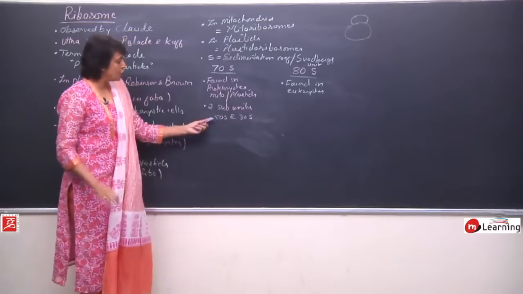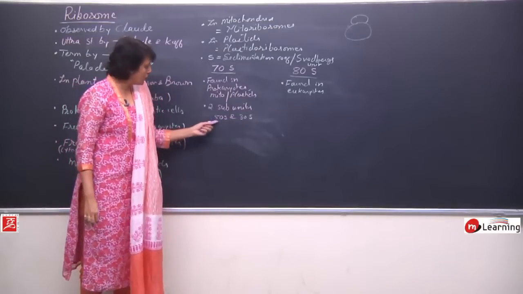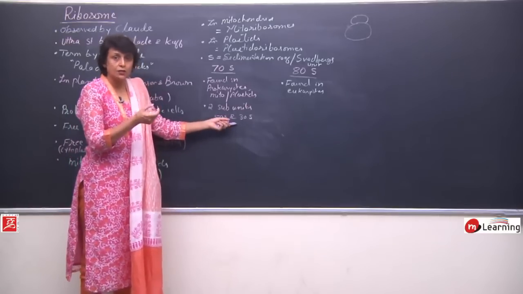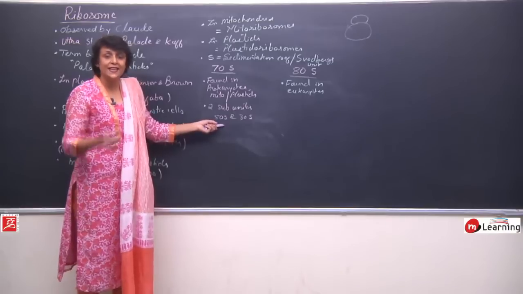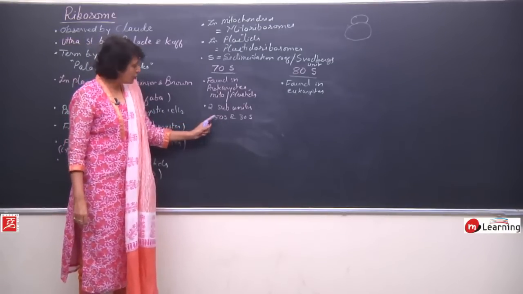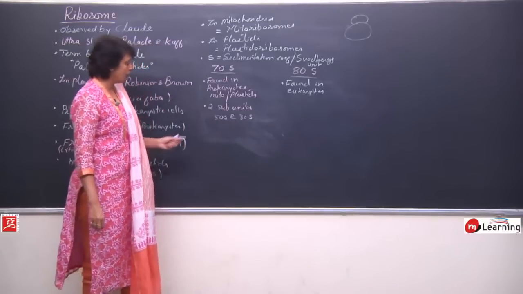Don't get confused with the addition. 50 plus 30 comes to 80, but this is not a number thing. It is the sedimentation rate, the rate at which it would sediment. So 50S is the larger subunit, and 30S is the smaller subunit.